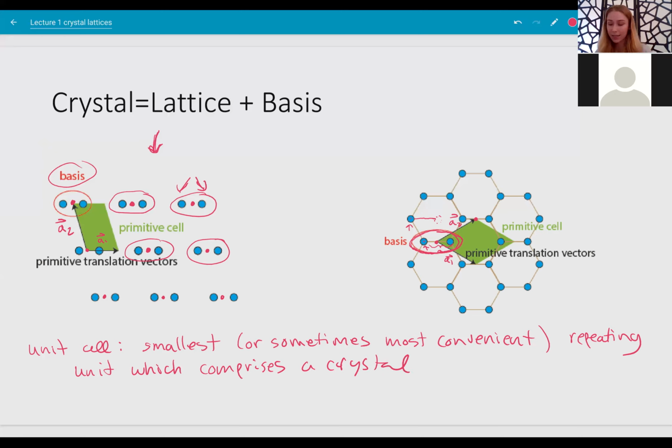So it consists of a lattice and a basis. In these two pictures, the green parallelograms represent one choice of unit cell.